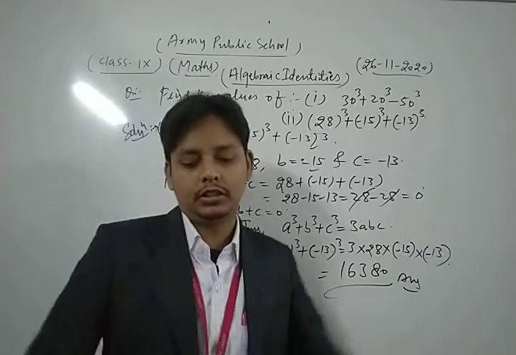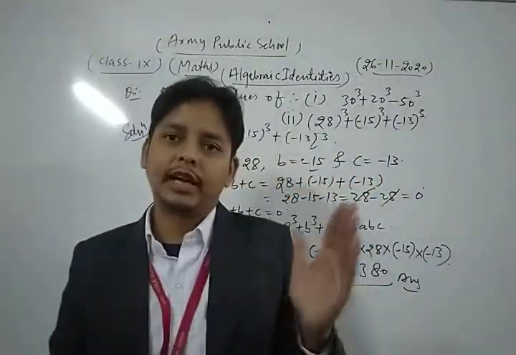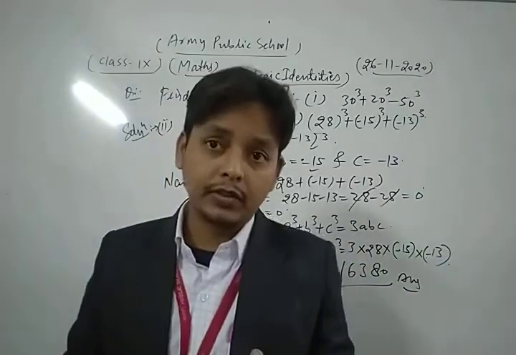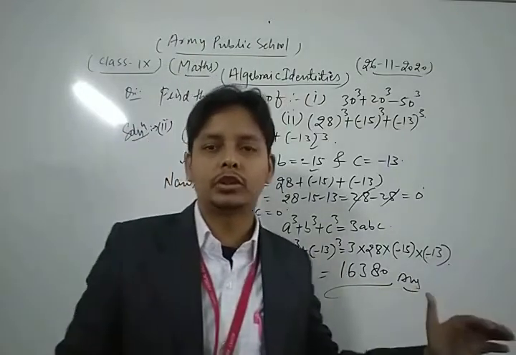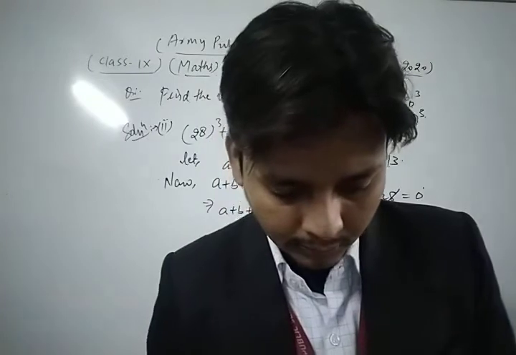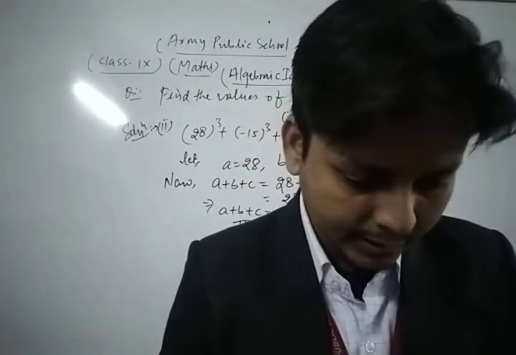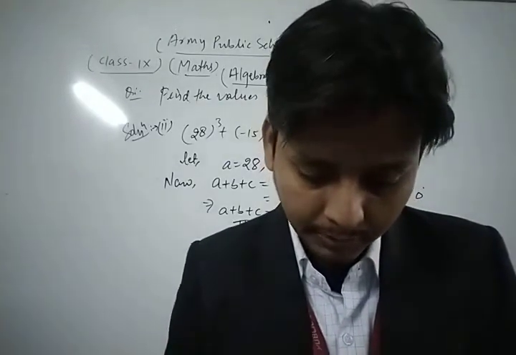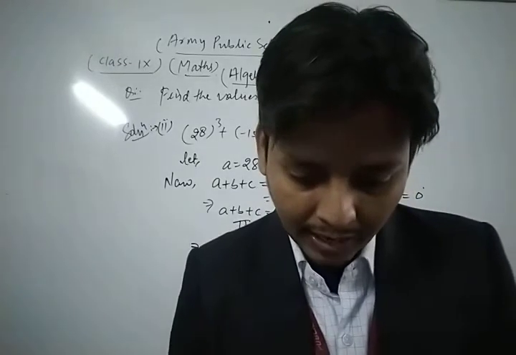Okay, thus dear students, in this way we clear the concept of the identity a cube plus b cube plus c cube minus 3abc. So dear students, in this way you use that identity. This is a very important topic of your chapter. Now dear friends, we take and solve some other important factorization type questions based on the identity.